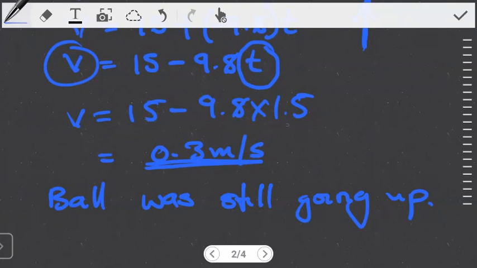At some point, we'll subtract such that this gives us 0. And for times greater than that, the velocity is now a negative value, meaning the object is now coming down. I want you guys to try it for t equals 2 seconds. You'll see that the value of velocity you find will be a negative value, meaning that the projectile will be going down. This is another method that you could have used.